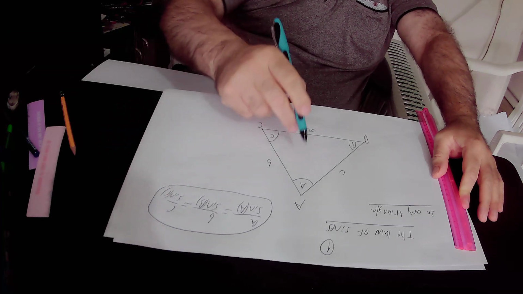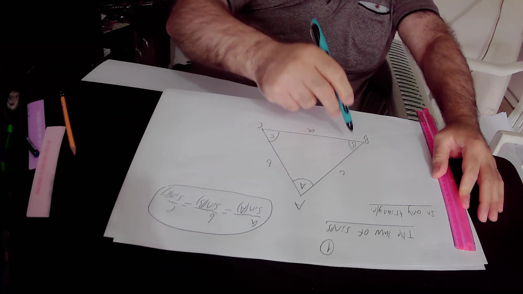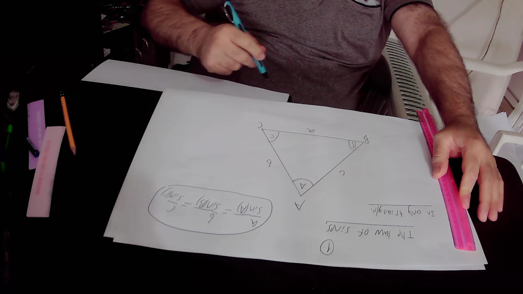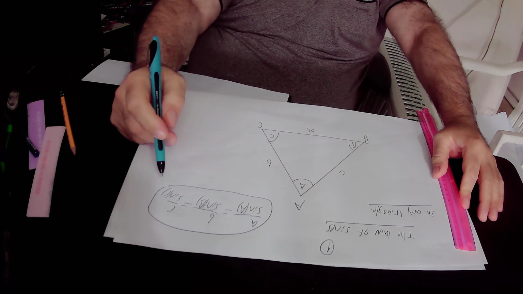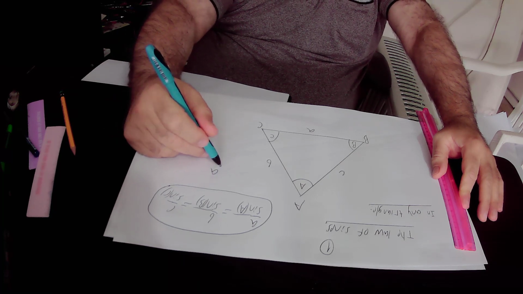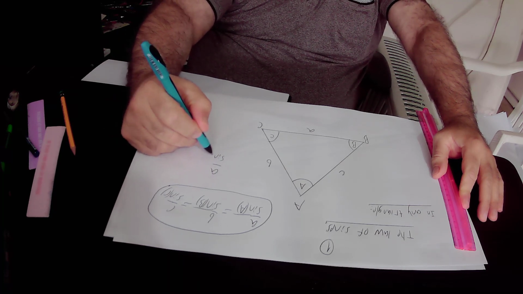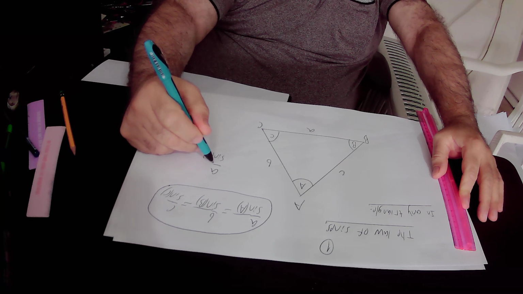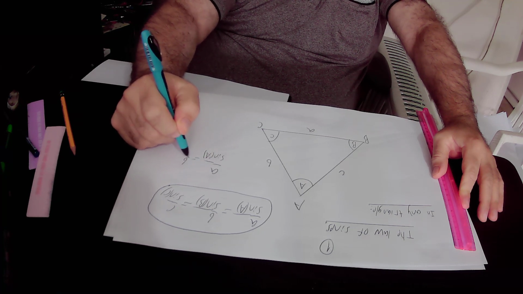Again, A over sine A equals B over sine B equals C over sine C. From this formula, we will derive that A over sine A equals B over sine B.